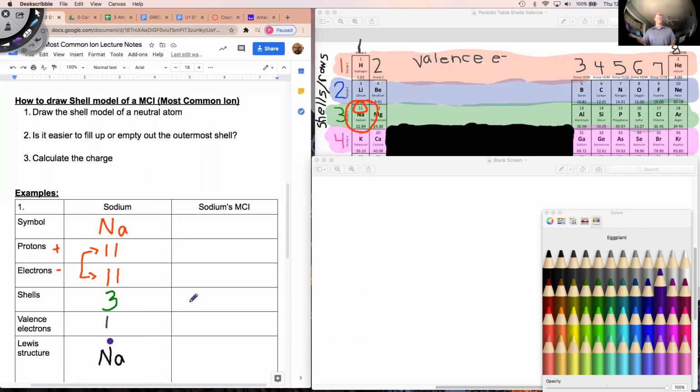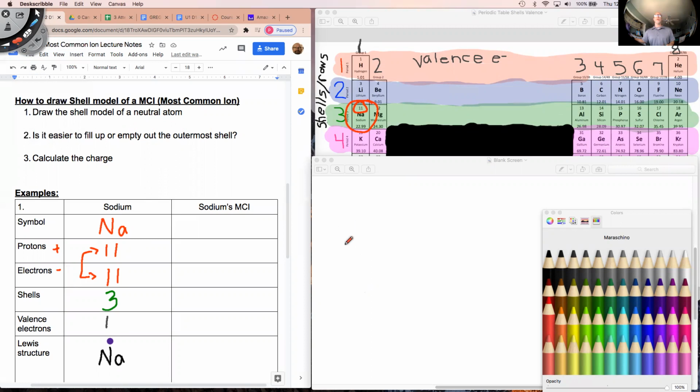Now, what we want to do is take a look at how we draw sodium's MCI, most common ion. To do that, we're going to want to draw the neutral atom for sodium. So let's draw the model of the neutral atom, the shell model.